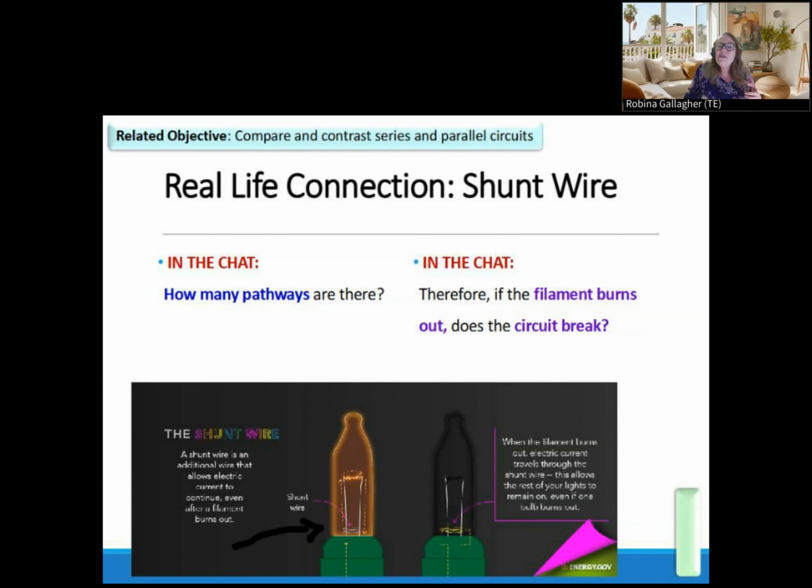So how many pathways are there in this single light bulb now? If there's a little bitty wire underneath the filament, how many pathways are there in that light bulb? Yeah, 2. Exactly. Good job. So proud of you guys. Yeah, there's 2. And so now, if the filament breaks, does the circuit break?